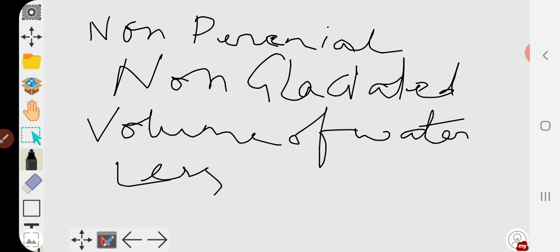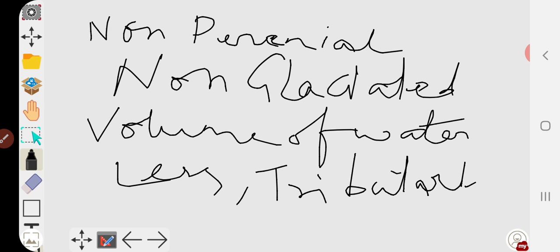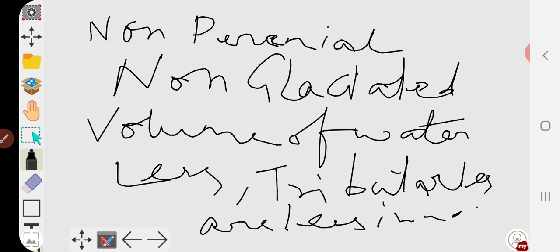That is why they are having short courses. And lastly, tributaries are less in number. So hopefully it is clear to you about the reasons why the rivers of western coast are short.